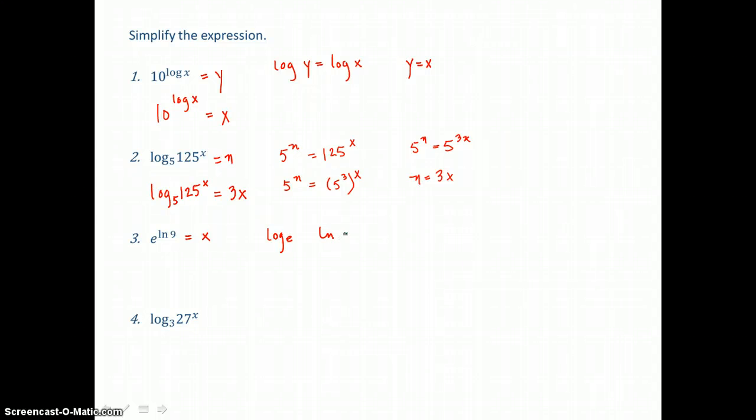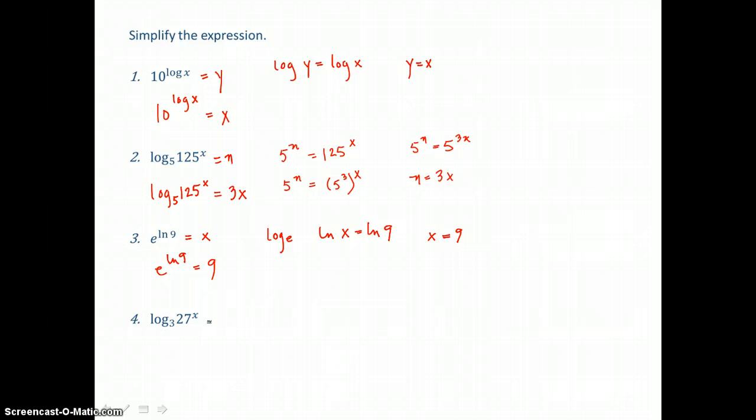So ln of x is equal to ln of 9, which is that exponent. So if the logs are the same on both sides, log base e or ln on both sides, then x has to equal 9. Those numbers have to be the same. So this expression, e to the ln of 9 power, is just equal to 9.